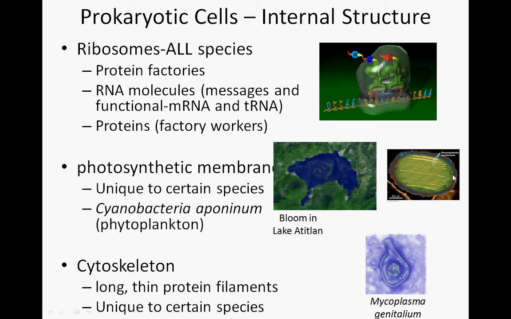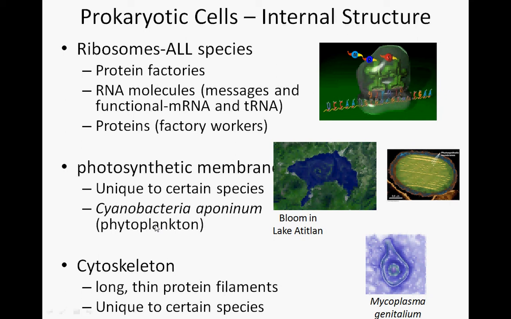And in fact, according to a theory called the serial endosymbiosis theory, a chloroplast basically is an internalized, now obligate part of a plant cell that was once a free-living photosynthetic bacterial cell. So that's kind of cool to think about.